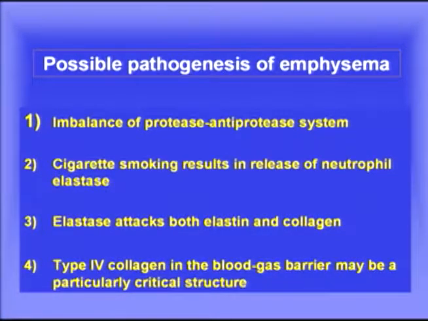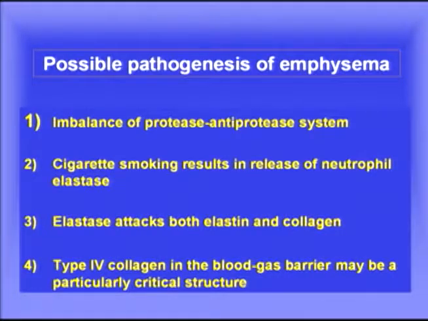We know that neutrophils are marginated in capillaries in the lung. That happens under normal conditions; in other words, they tend to be held up in the capillaries of the lung. And there's some evidence that smokers have increased margination of their leukocytes, including their neutrophils.